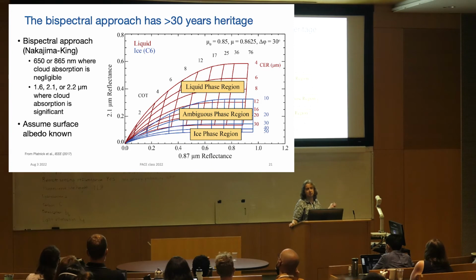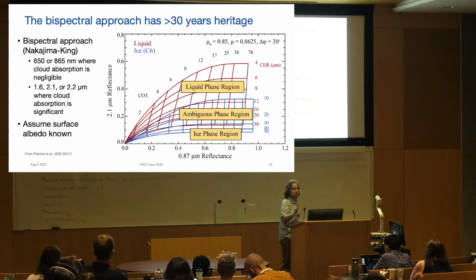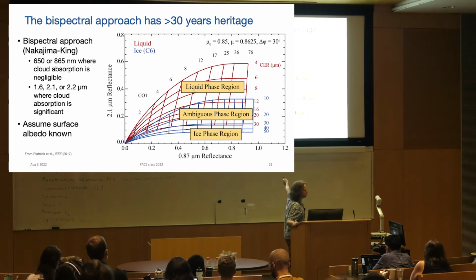Some people call them Nakajima King plots after the authors of one of the early major papers on this. And the idea is you have this non-absorbing band here, 870 nanometers. And these vertical lines are lines of increasing cloud optical thickness. And on the y-axis, shortwave infrared, 2.1 micron reflectance.